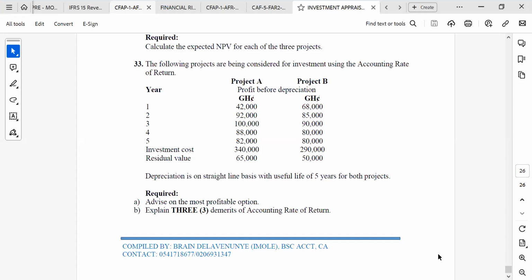Straight line. So what will be the residual value for project A? 65,000. What will be the depreciable value? What will be the total depreciation for the 5 years?